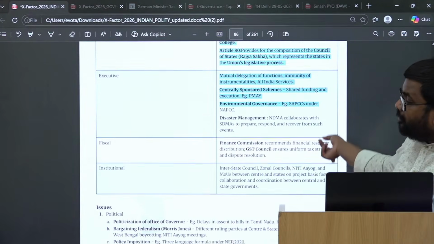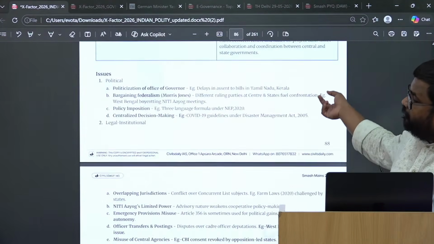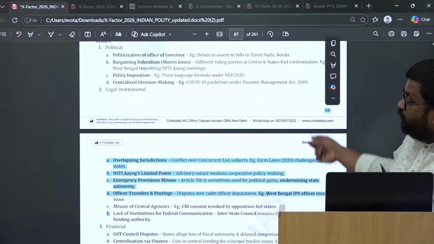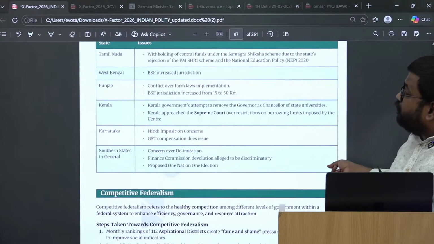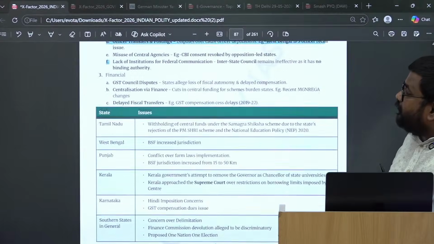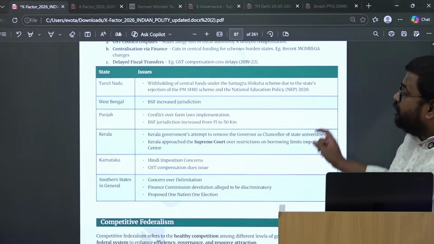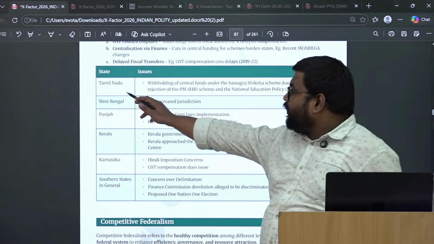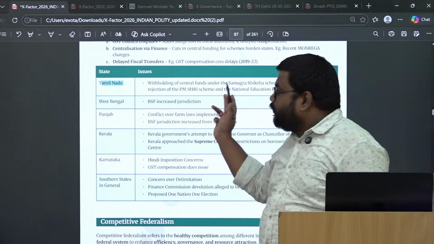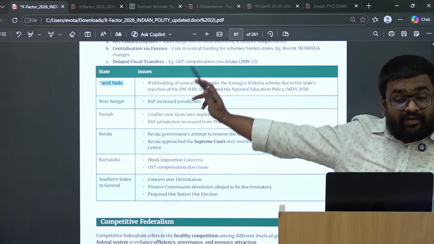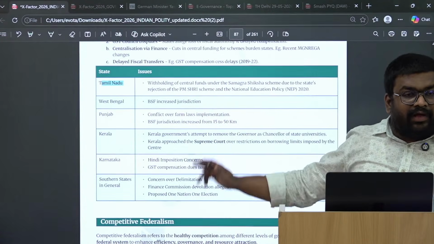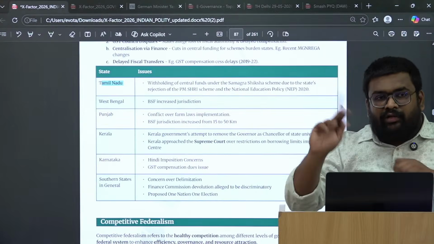ठीक है, अगर यहाँ पे भी देखोगे issues same, political, institutional, economic, social, and these are the examples. Again, specifically center state conflict, state specific we have given. तो ये हमने इसको highlight किया है. Why? Because you can put it into the box.